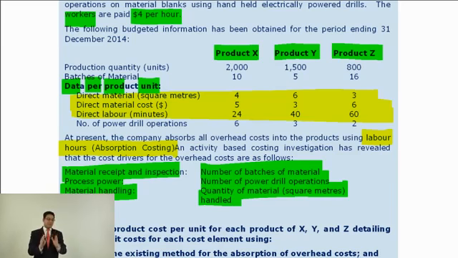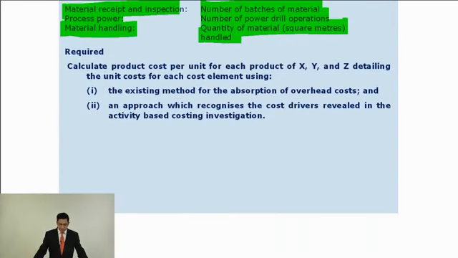Okay, so please keep on watching it. Now here are the requirements. It is a section B question, a longer question, which I suppose should be around 15 marks minimum. Requirement: calculate the product cost per unit, 1 unit cost for each of X, Y and Z, detailing the unit cost of each cost element.